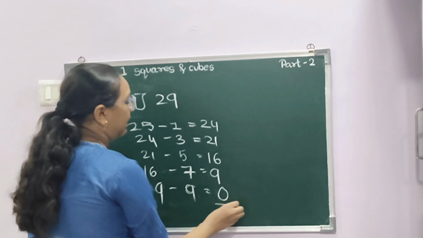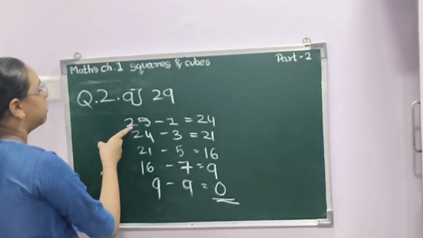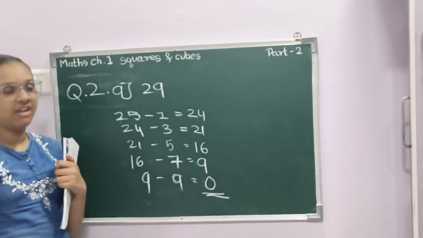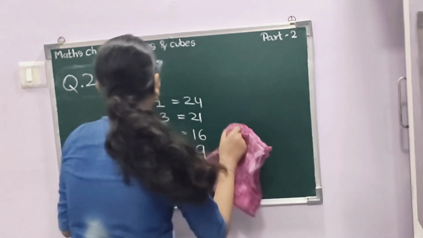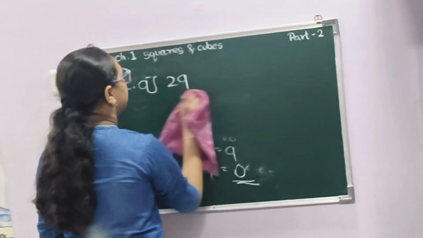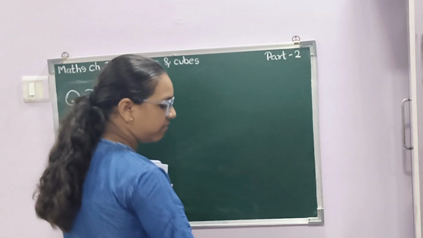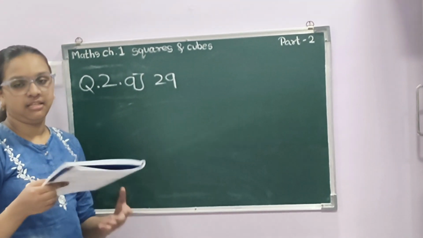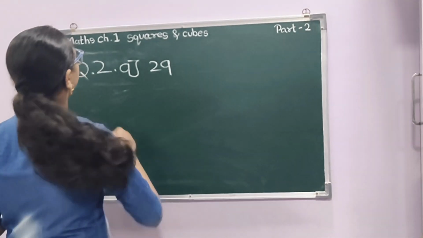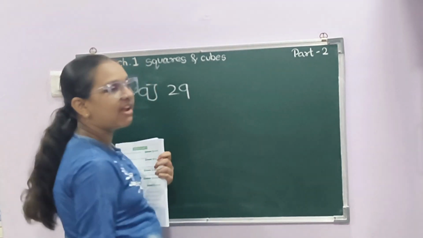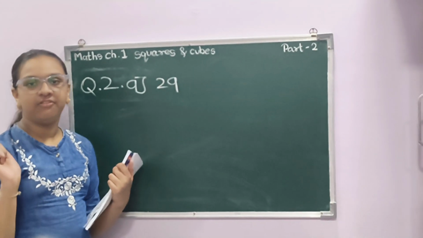So if at last a 0 is coming, then only it is a perfect square number. So now we will try this method on this question, and the rest of all I will give you in the next part. Or else I will comment it and you have to note it down.